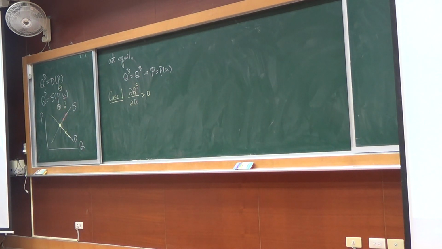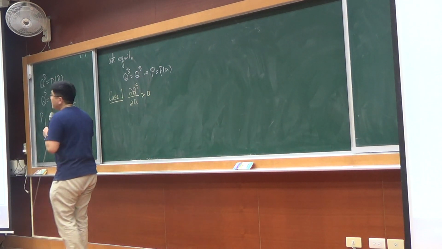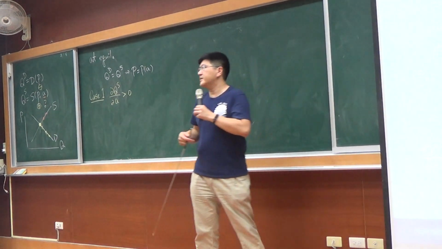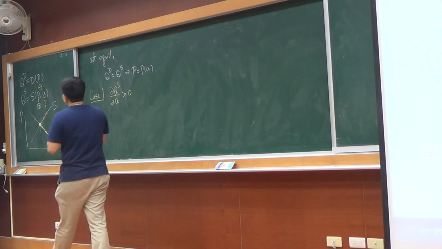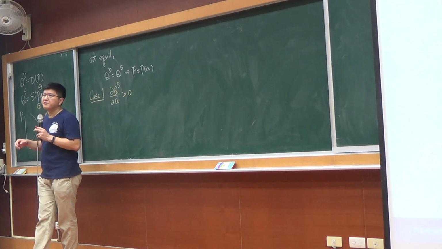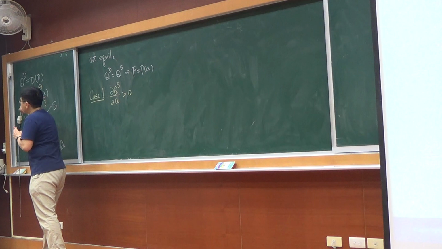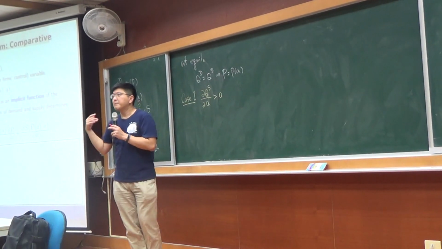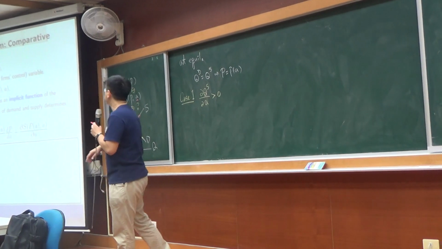And here, A is a supply shifter. So would you please highlight this term? Is a supply shifter. So far, we have not specified the relationship between A and QS, whether it be positive or negative.